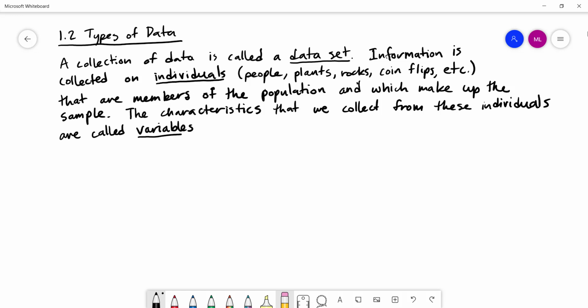And so this has a very slightly different meaning than what you might be accustomed to in another math class. The variables are just generic placeholders for the categories or the types of information that we're interested in collecting. The actual values of these characteristics, so the actual values of these characteristics that we're calling the variables, are the data that we're collecting.